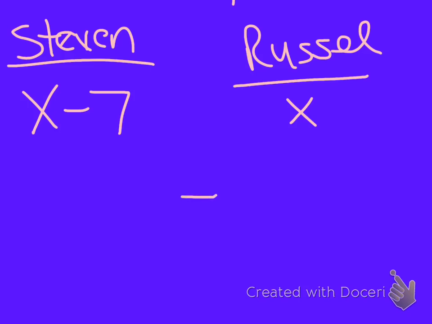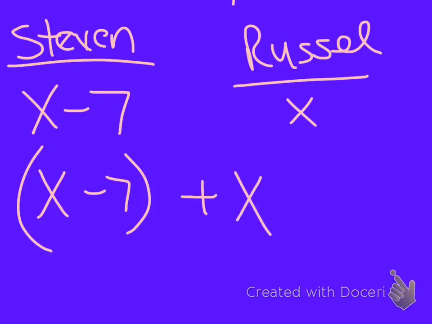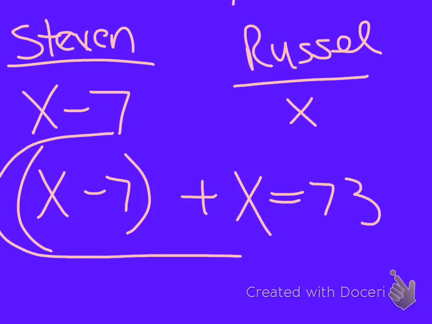On this side, X minus 7, and I'm going to put it in parentheses because it helps us see it better. Over here, X, and then equals 73. For these ones, you don't have to solve. You're done.